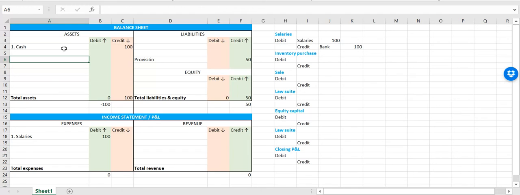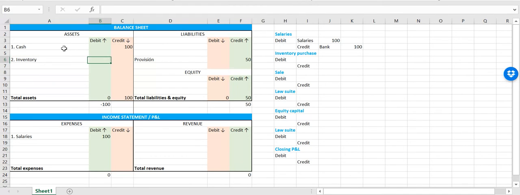So let me involve my guest now. We buy inventory, but we don't pay for it. So it arrives at our warehouse. We buy it for 200, but we haven't paid for it. What do you think we should do? Assets. Assets what? Debit or credit? Debit. Okay. PP&E or inventory? Inventory.